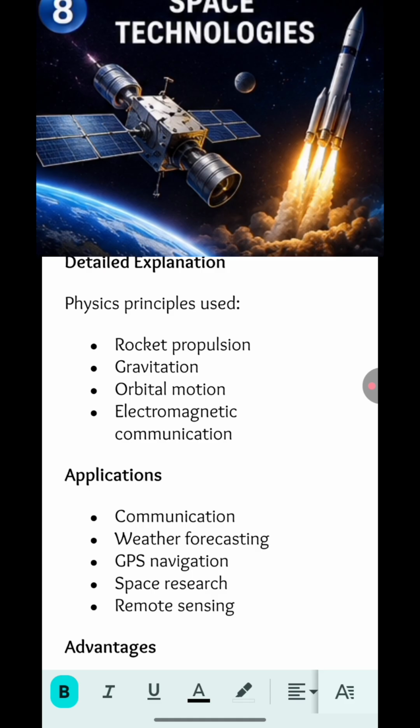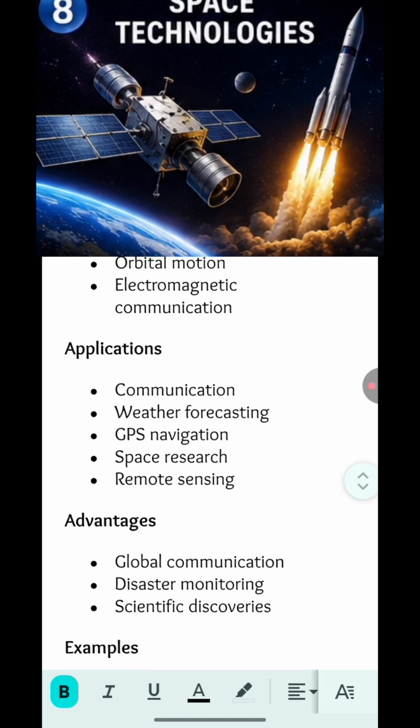This space technology can be applied in communication, weather forecasting, GPS navigation, space research, and remote sensing also. What are the advantages of space technology?